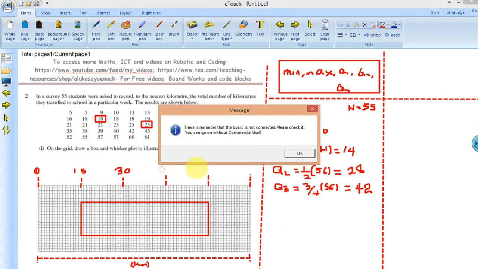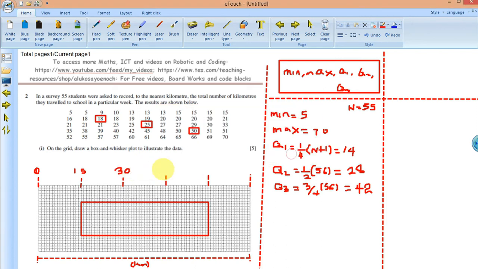Okay, sorry about that. 45. That is 50, 65. 65 plus 15, so that is 80.